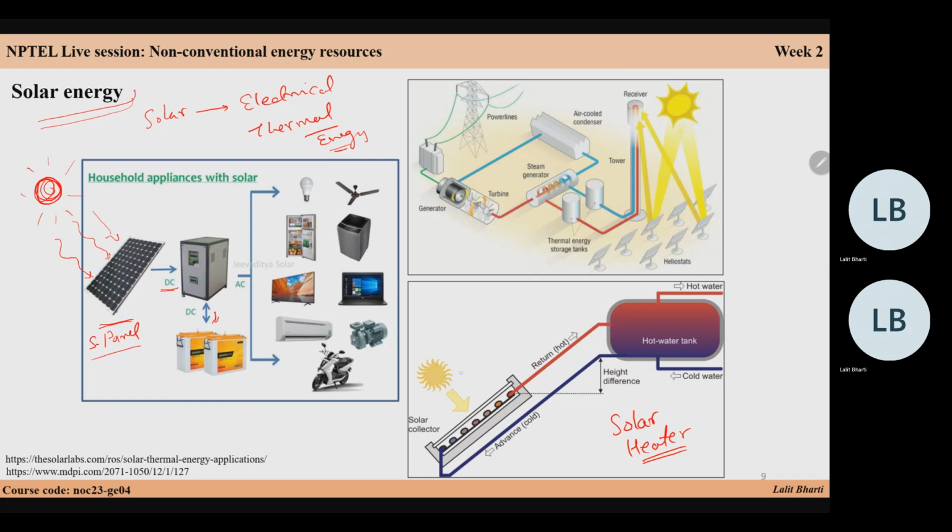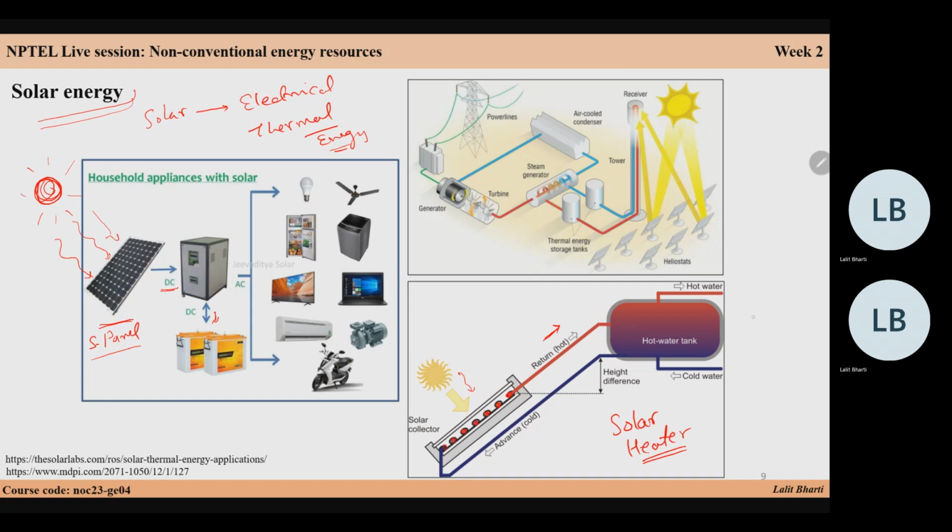The solar power will be incident on these glass tubes where water flows, and on getting this solar energy, the temperature of water will increase, and it will be pumped out to a reservoir or a hot water tank.